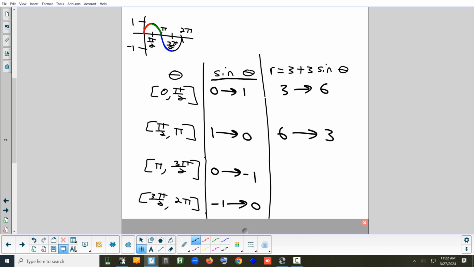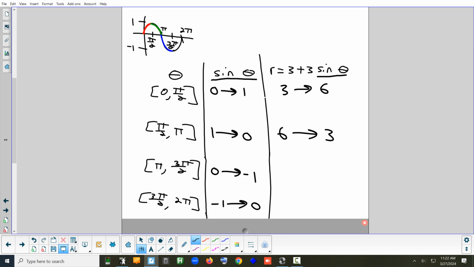So the radius is going to decrease in quadrant 2 as we draw it, meaning it's going to start at 6 and it's going to curve back into 3. All right? When we triple 0 to negative 1, triple the sine, you get 0 to negative 3, and then add 3 to that.